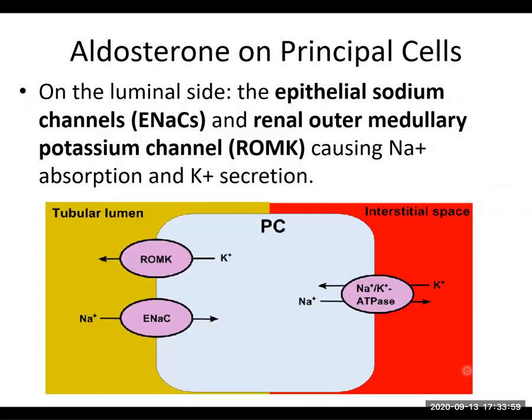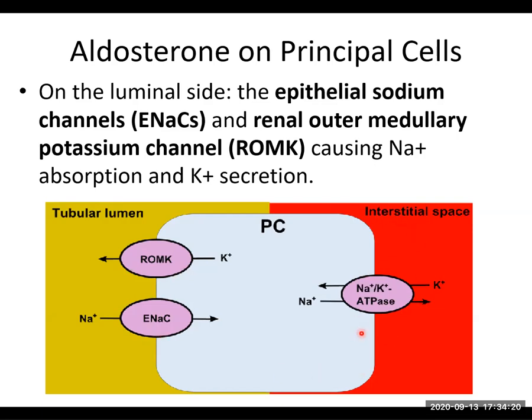It acts on these principal cells, and in the principal cells, on the luminal side, we have the ROMK, the renal outer medullary potassium channel, as well as the ENaC, the epithelial sodium channel.